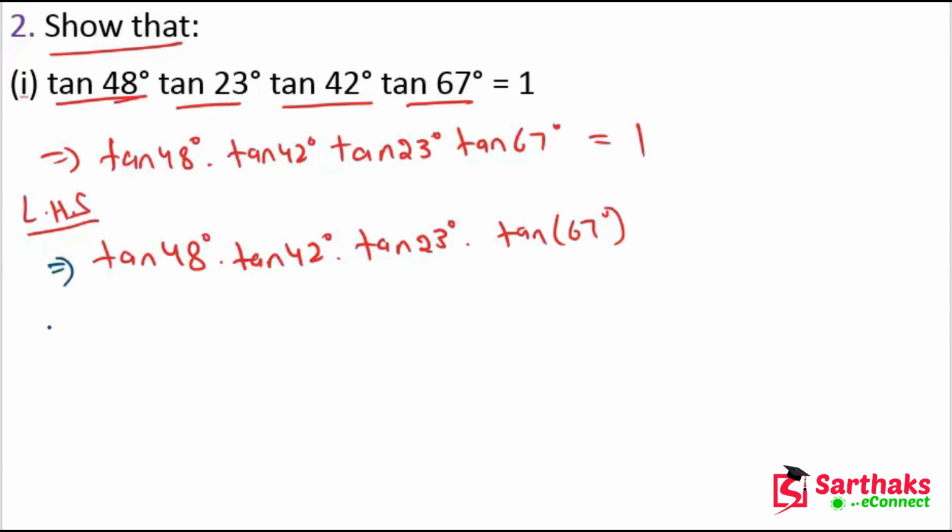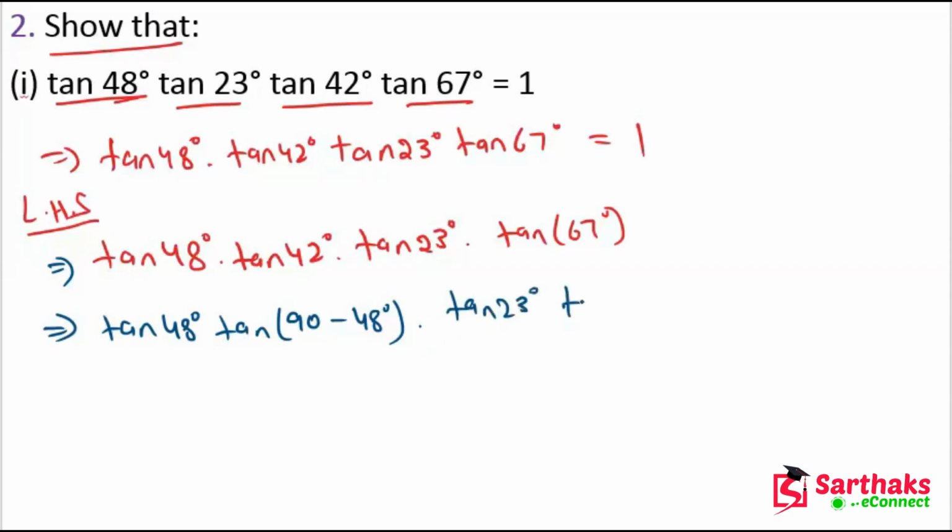So now we can write tan 48 degree, and we can write 42 as tan (90 minus 48) degree, because 90 minus 48 gives 42. Then tan 23 degree, and this we can also write tan (90 minus 23) degree.